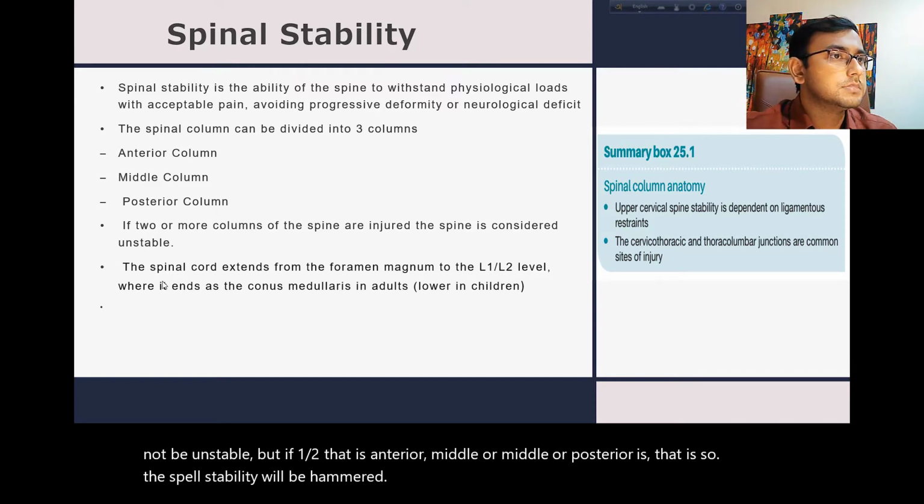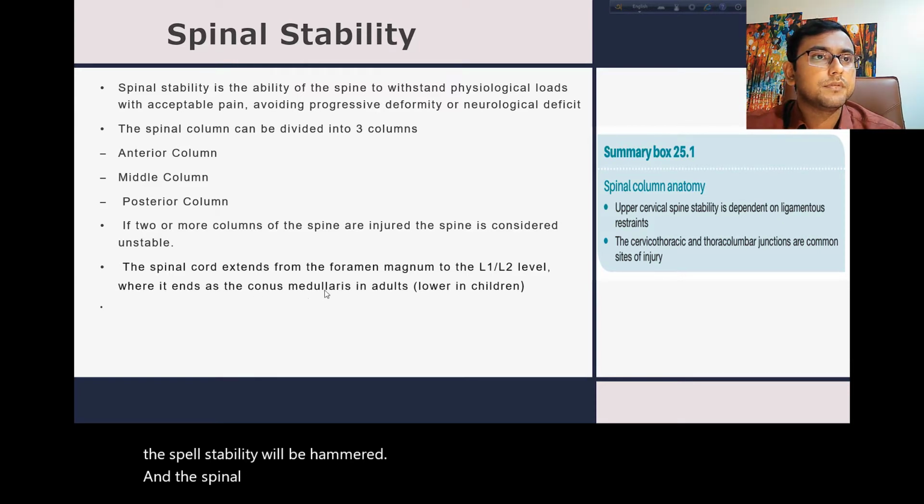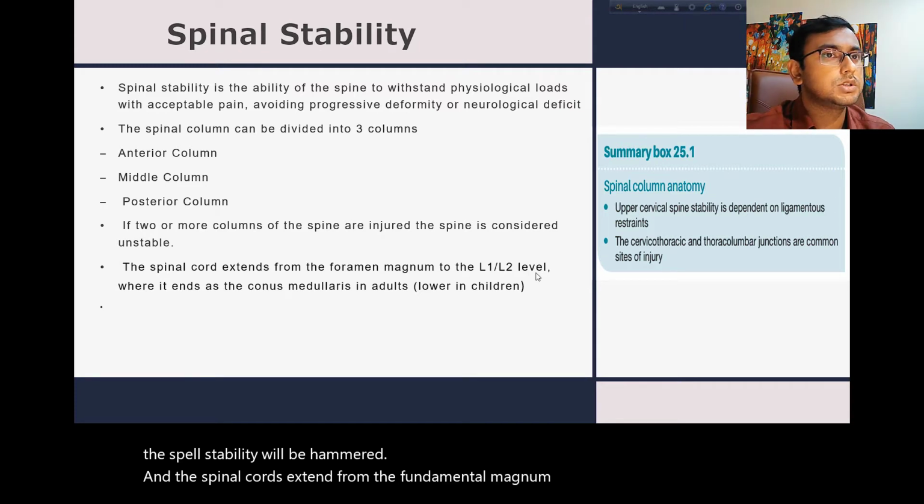The spinal cord extends from the foramen magnum to L1 to L2, where it ends as the conus medullaris.